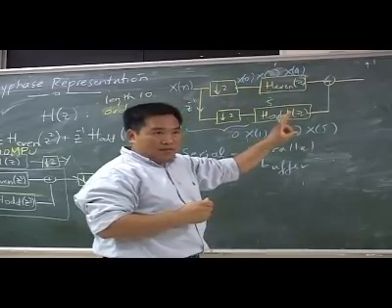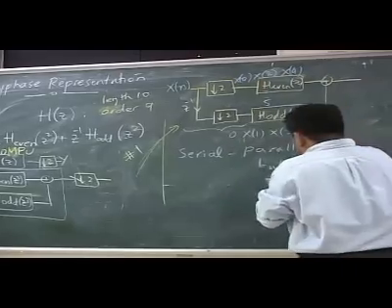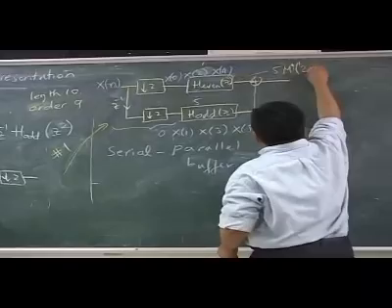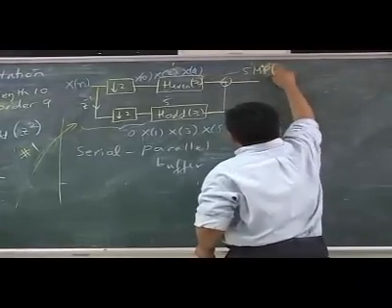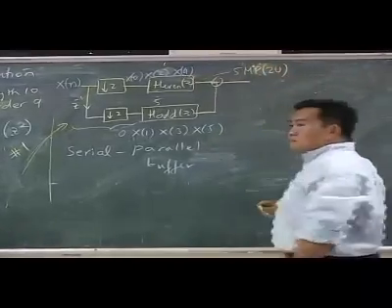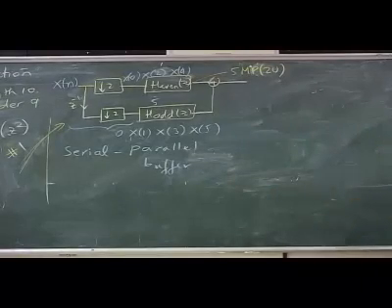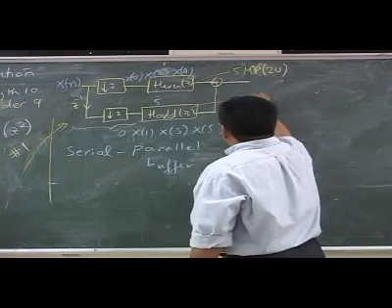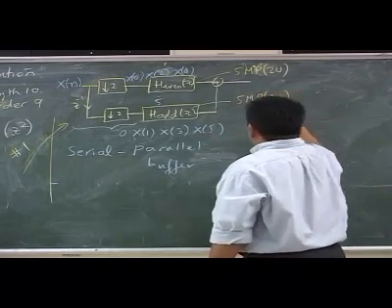It is 2 times. So this operation is 5 multiplications per 2 unit time. This one, same. 5 multiplications per 2 unit time.